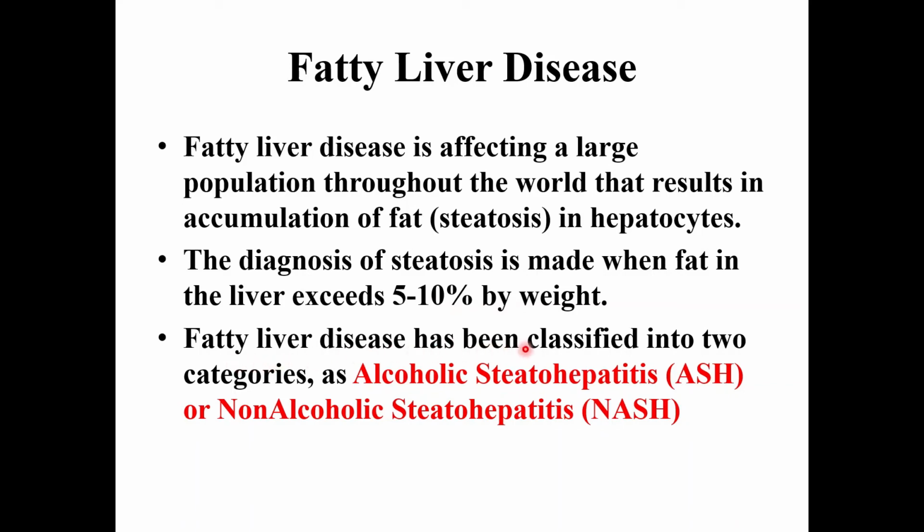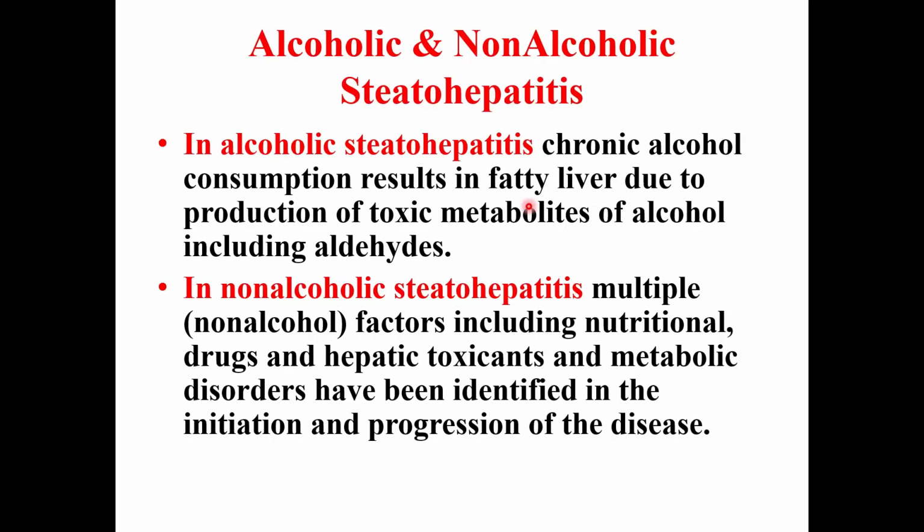Fatty liver disease has been classified into two categories: alcoholic steatohepatitis, that is ASH, and non-alcoholic steatohepatitis, NASH. In alcoholic steatohepatitis, chronic alcohol consumption results in fatty liver due to production of toxic metabolites of alcohol, including aldehydes.